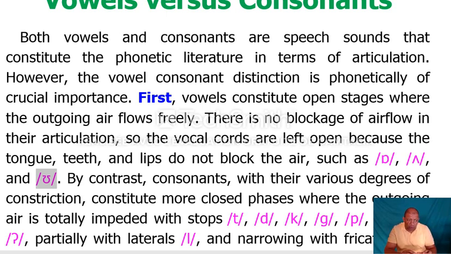So here the vocal cords are open to the extent that lips or teeth or the tongue do not block the air. And here in front of you, I have chosen 3 vowels: O, A, a central vowel, and U.